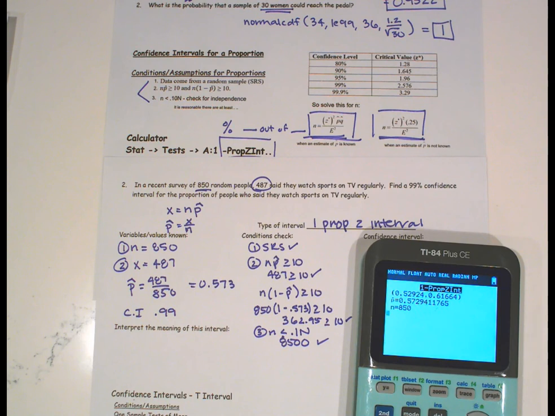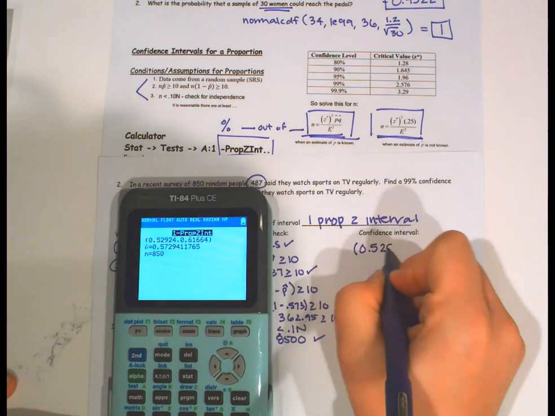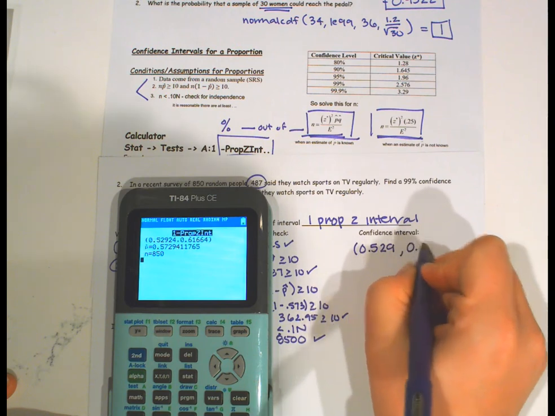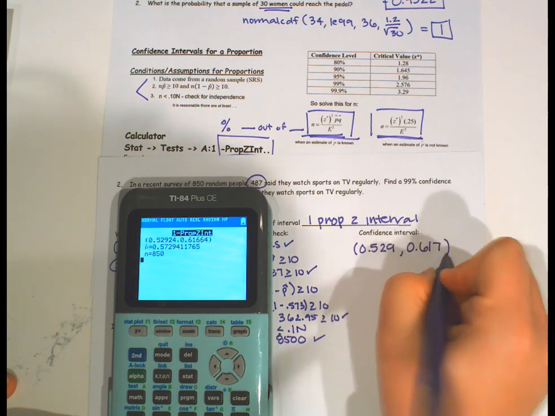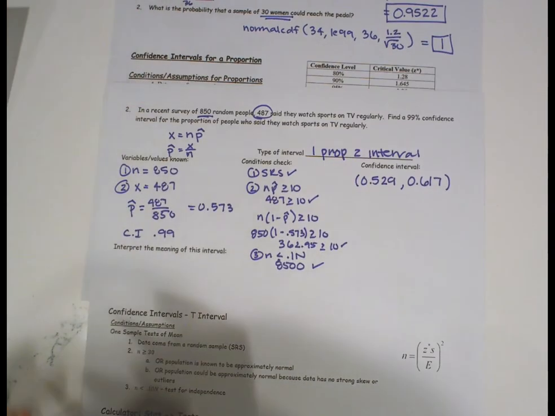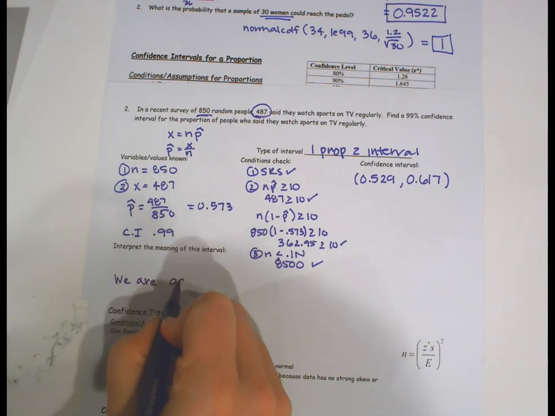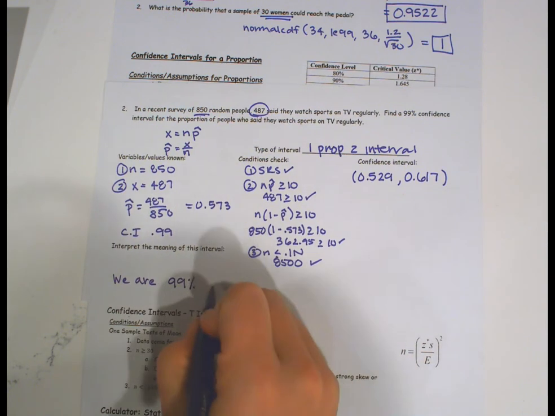So then when I hit calculate, I get 0.529 to 0.617. So then we write our confidence interval statement. We are 99% confident.